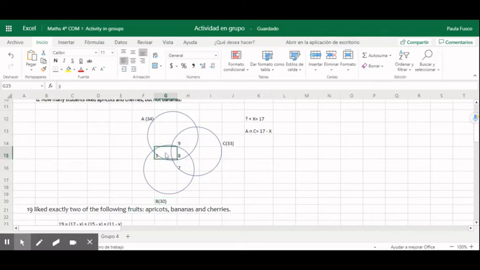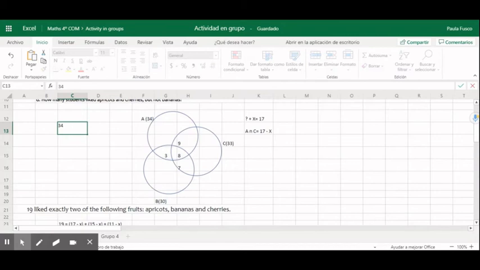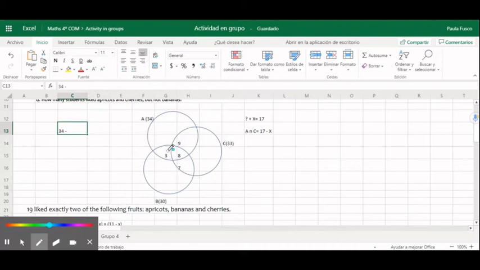Okay, but this part is easier because what we have to do is to subtract from the 34 all the rest of the numbers. Okay, so these 3 numbers minus 34, and the same with the cherries. Okay, these 3 numbers, and the same with the bananas, these 3 numbers. Okay, great.